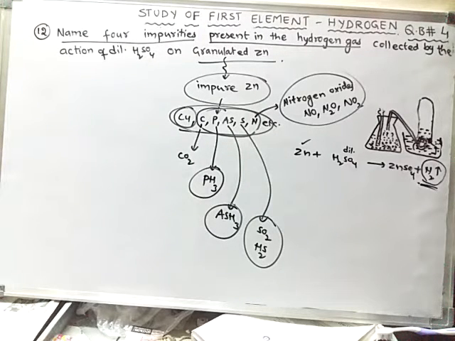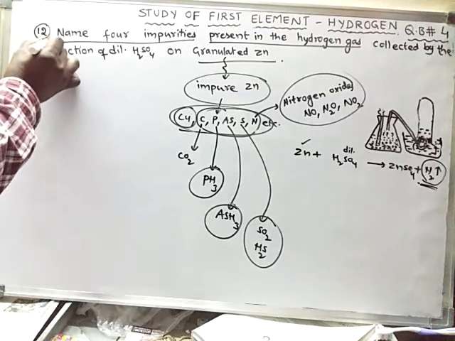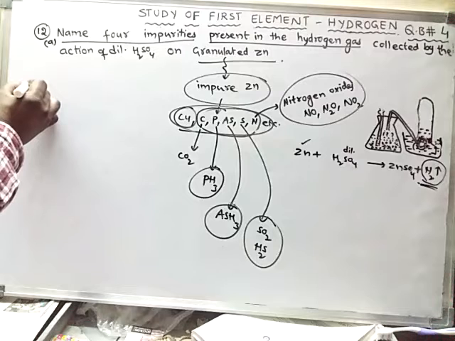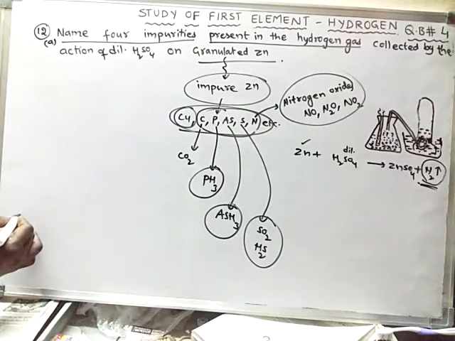Okay, now in the 12th question, there is another sub question. This is sub question A. What is the other sub question?